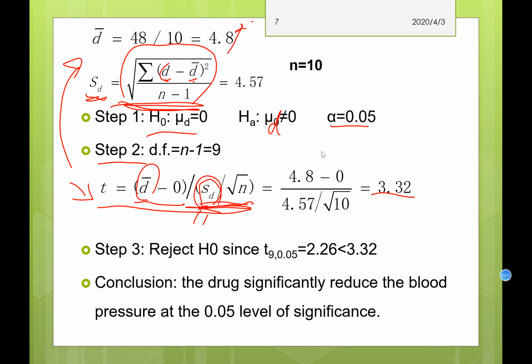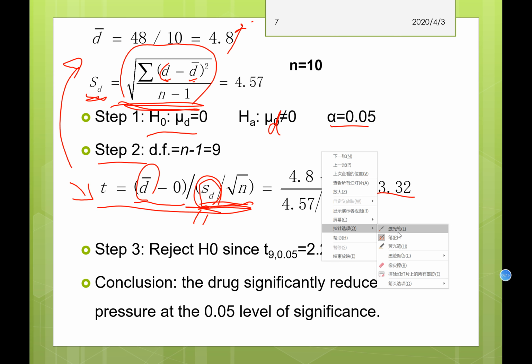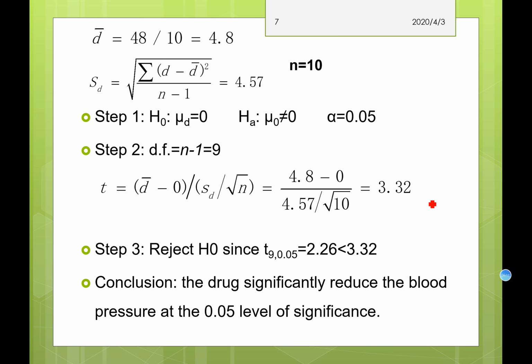And the next step is similar to what we did in the one-sample t-test. This is what we calculated with the data given by the question, and we need to compare this number with a standard t-value. The standard t-value is this one: two-sided, alpha equals 0.05 and nu equals n minus 1. And we can get this number from table A2.